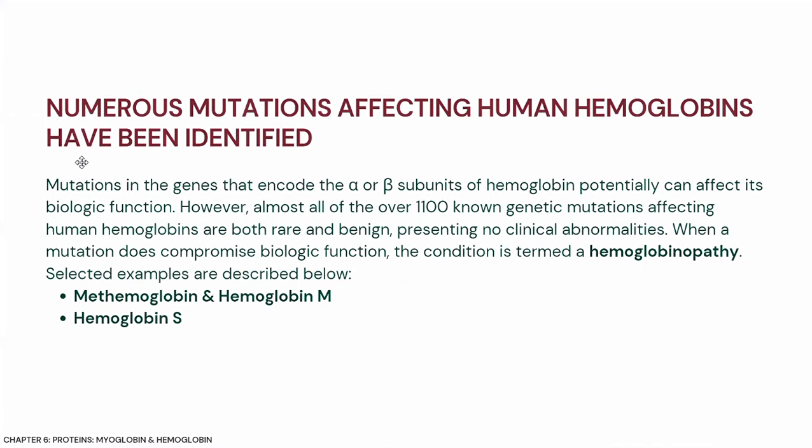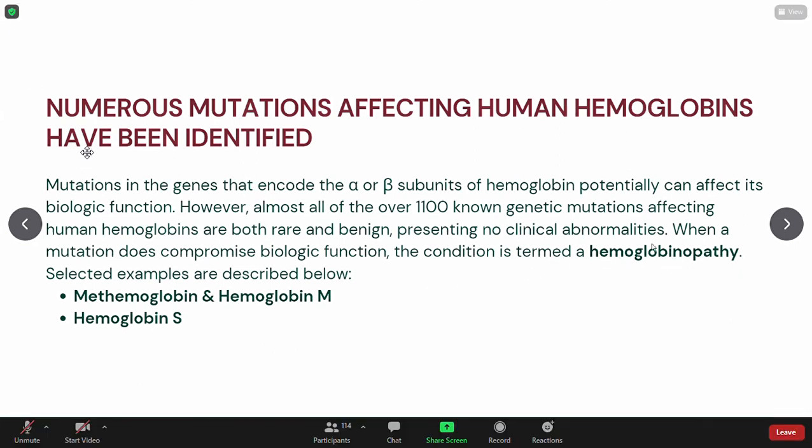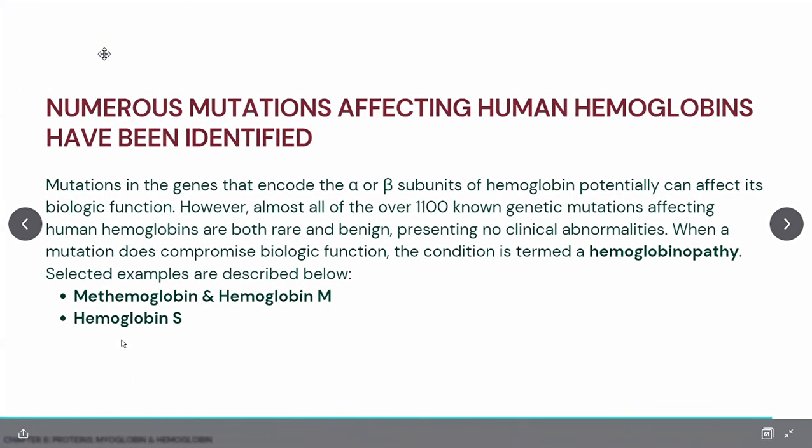Numerous mutations affecting your hemoglobins have been identified. You have your methemoglobin, hemoglobin M, and hemoglobin S. Together they form hemoglobinopathy. Hemoglobin S is your sickle cell anemia. This is brought about by a change of one amino acid in the beta subunit.